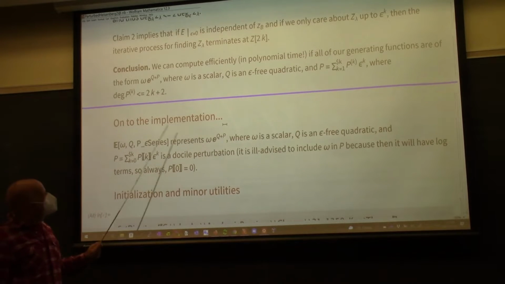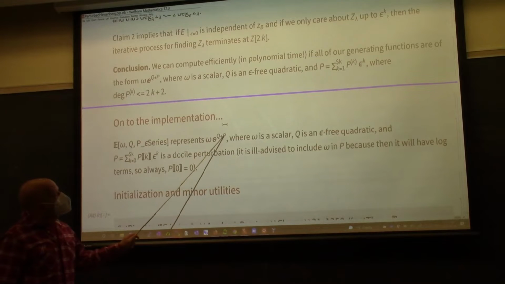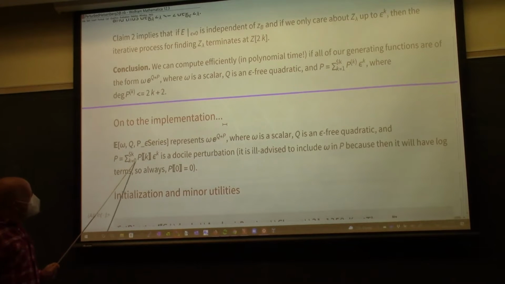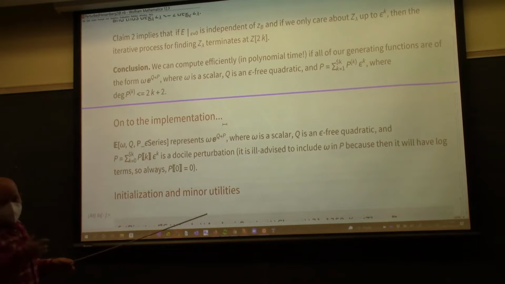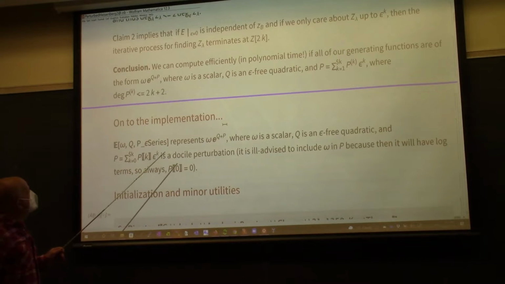So this will stand for omega e to the q plus p, where p is a series in epsilon. And I want to implement all of that.